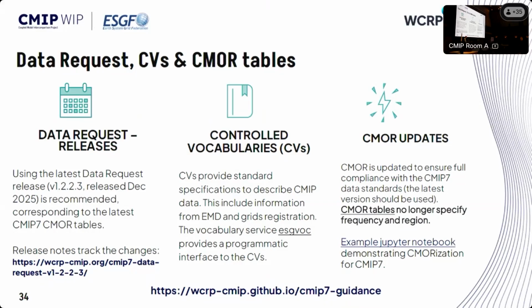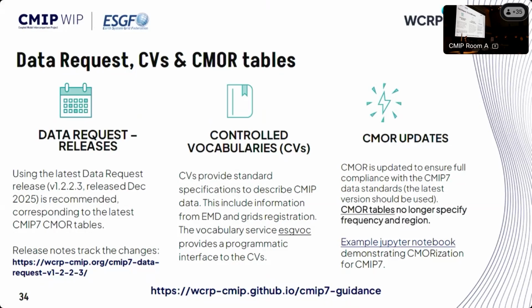The controlled vocabularies are a set of metadata terms that are basically the allowed terms to define CMIP data. And these terms, as I already mentioned before, they include also the source ID and grid labels registered via the EMD registration process.